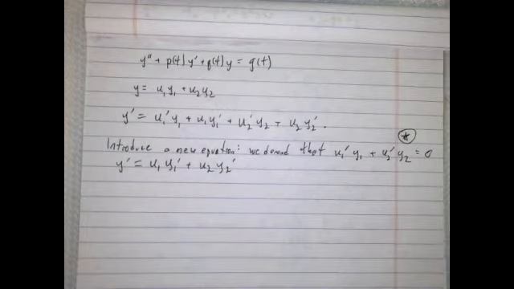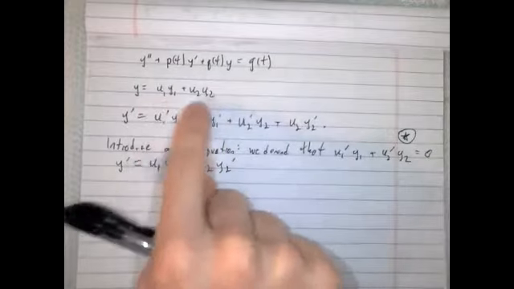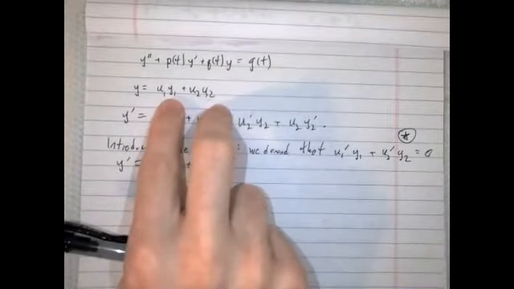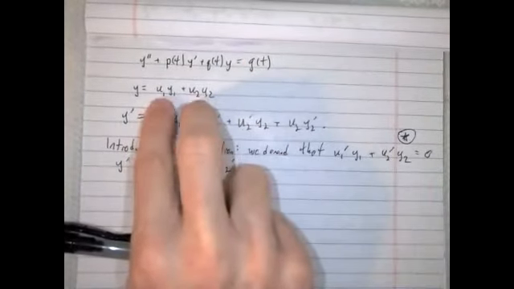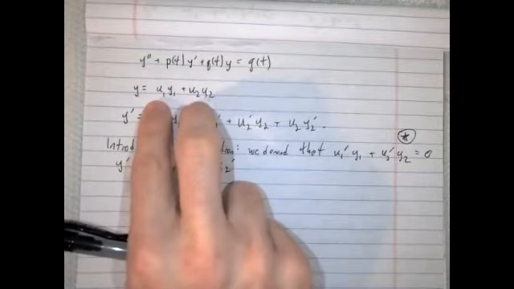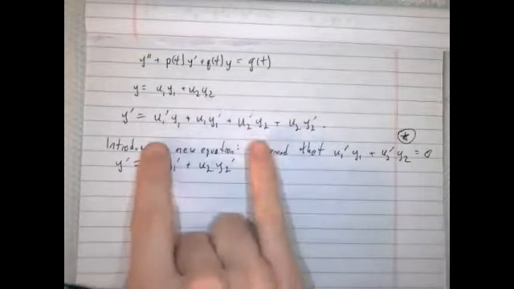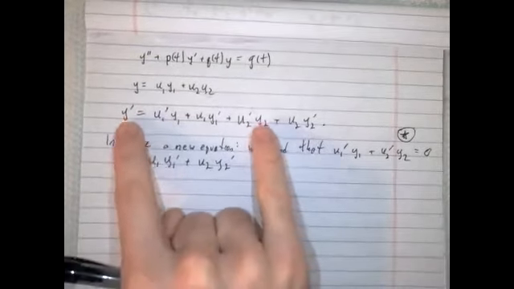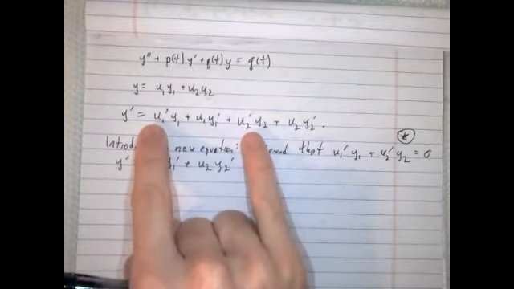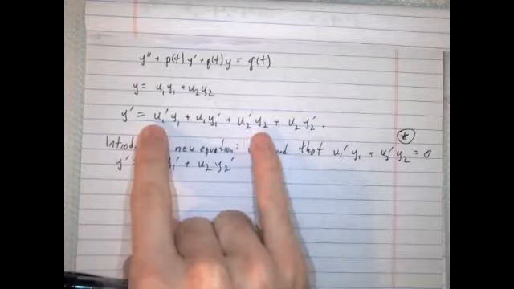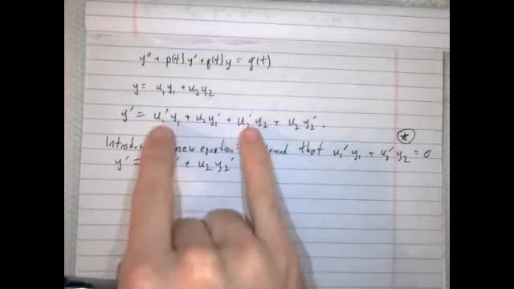First you should start with a function like this, where y1 and y2 are a fundamental system for the homogeneous piece. Multiply them by some random functions that are undetermined, but then make the condition that when you take the derivative of y, the terms involving u1 prime and u2 prime must cancel each other out.